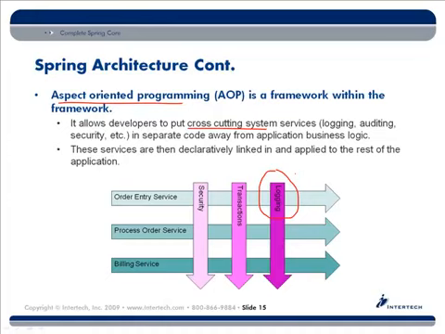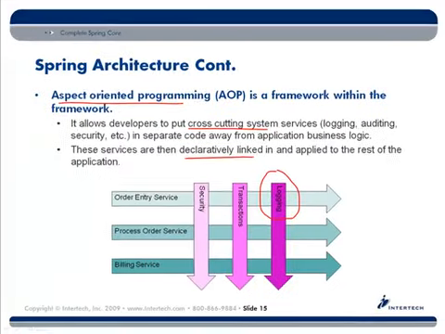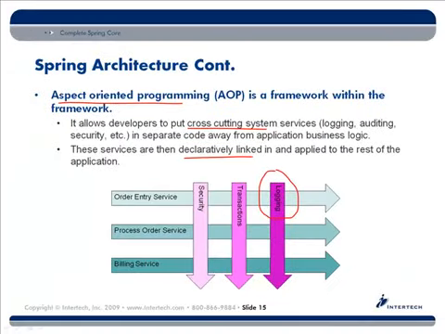We're going to put that code in separate classes. And then, through declarative links, typically again through XML or in some cases annotations, we're going to apply the calling of those services, things like logging, security, transactions, through this framework, have them be taken care of automatically almost, if you will, and applied through the business code without that code actually residing in our business code.